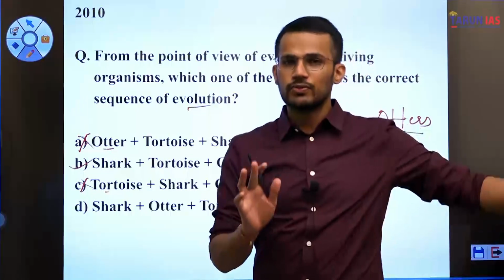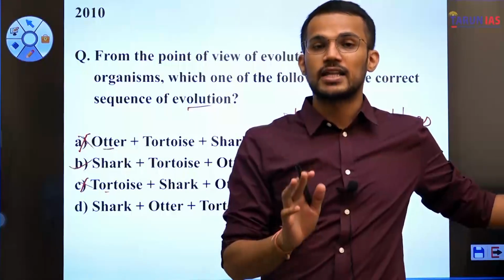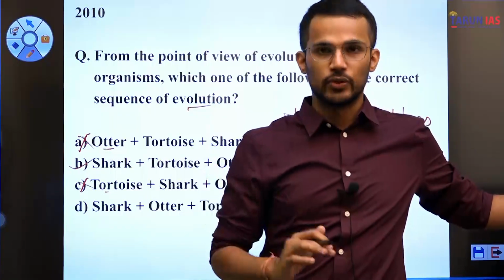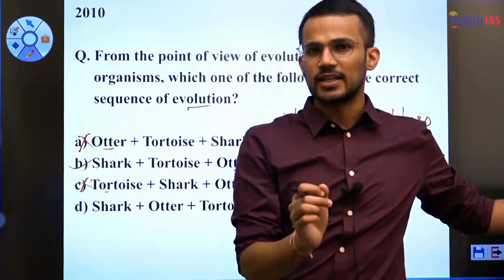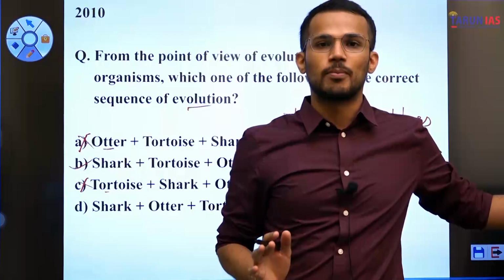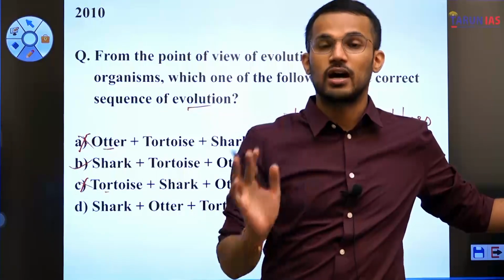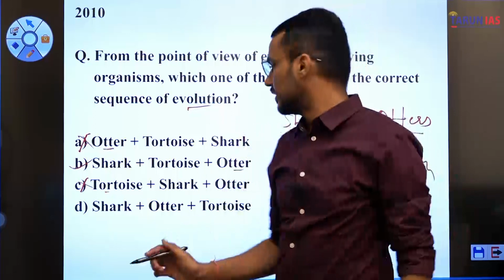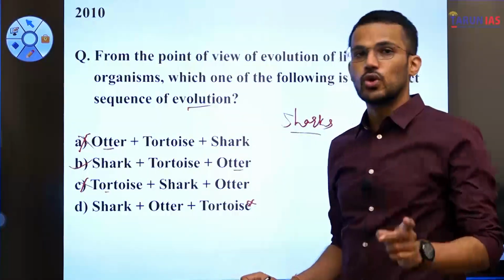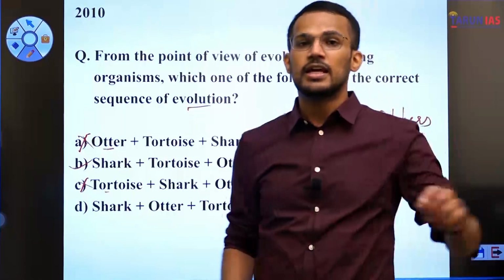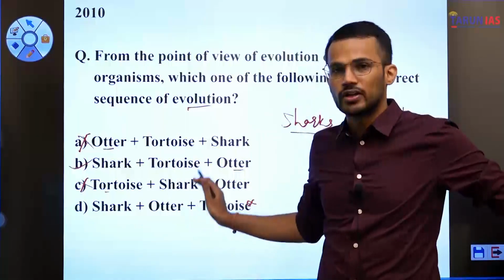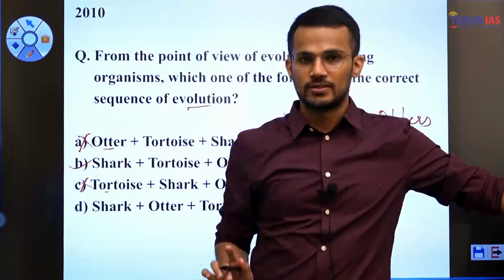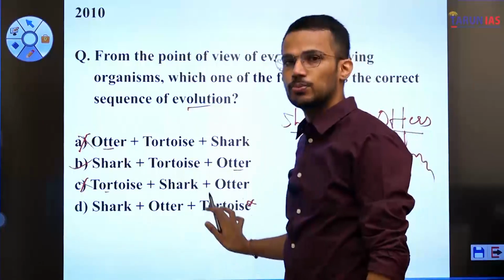Now you have the idea that it is mammals that have evolved at the last in the evolution sequence, and you know that tortoise are not mammals. Hence it should not be at the last position in the evolution of these three organisms, and you should eliminate this option as well.